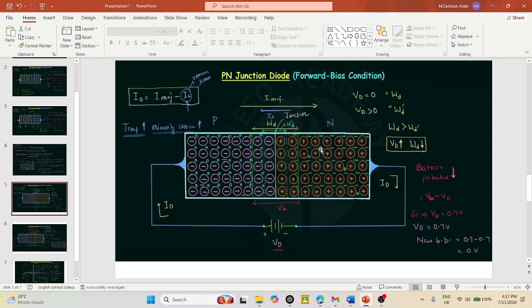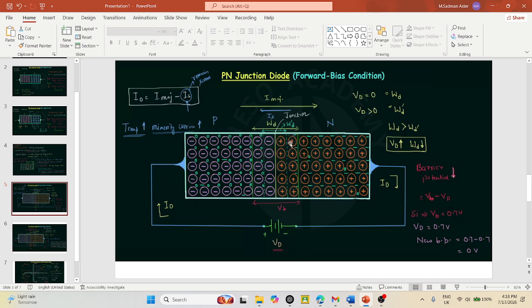This causes the holes to get further recombined with the negative immobile ions on the p side of the junction, and this also causes the electrons to get recombined with the positively charged immobile ions on the n side of the junction. As a result, the holes get recombined with negatively charged immobile ions on the p side, and electrons get recombined with positively charged immobile ions on the n side.